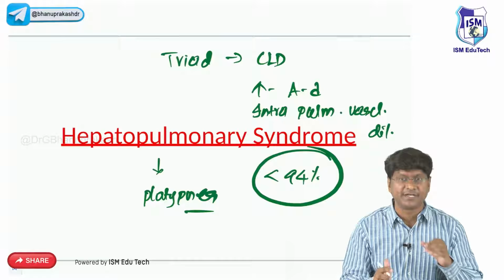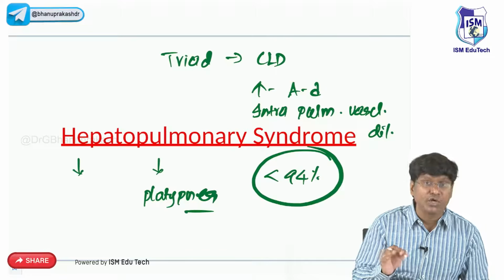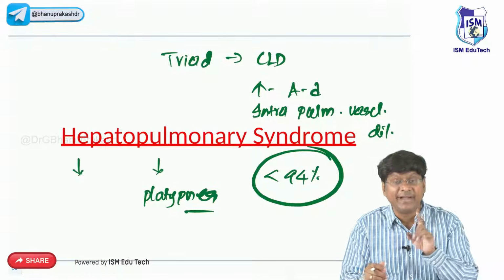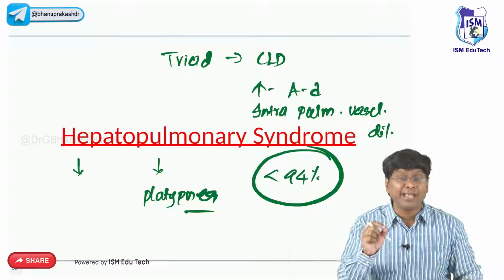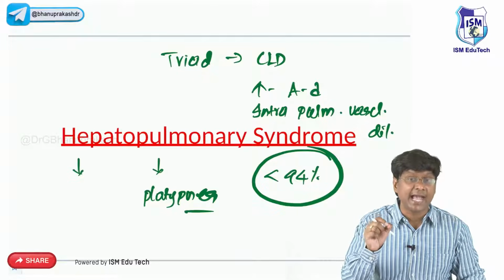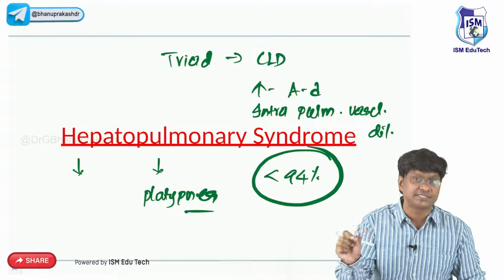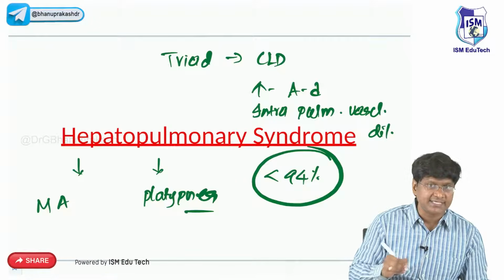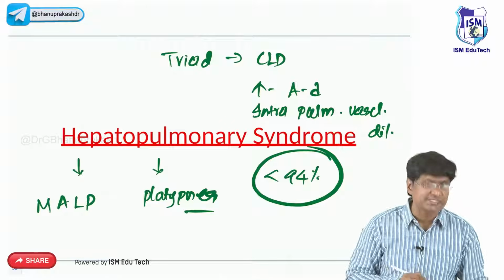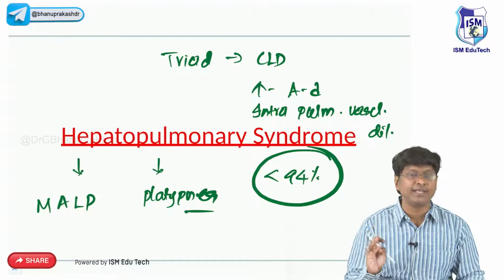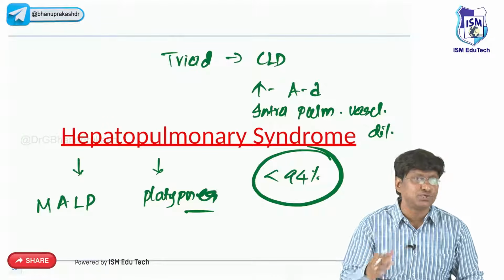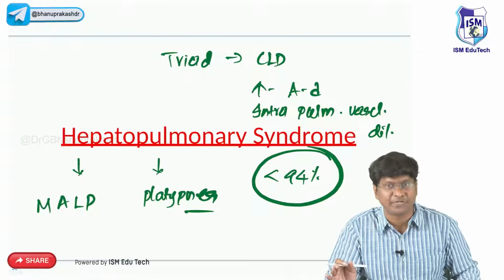It is macro aggregated albumin lung perfusion scanning, that is MAA lung perfusion scanning, which is more specific and may be used to confirm the diagnosis of hepatopulmonary syndrome.